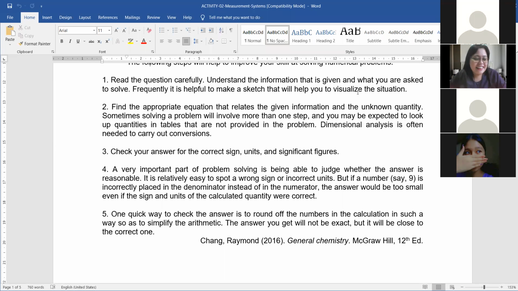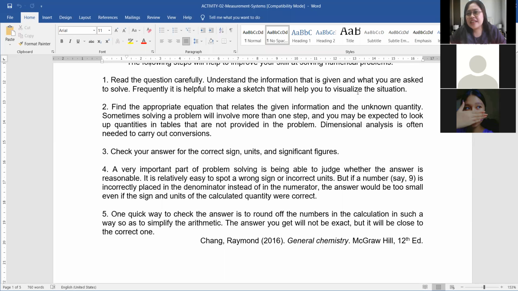So, for those non-STEM, we will be learning significant figures. For this activity and for the lecture, I will also teach you the significant figures. But since sa laboratory, the objective of our laboratory is self-directed learning.